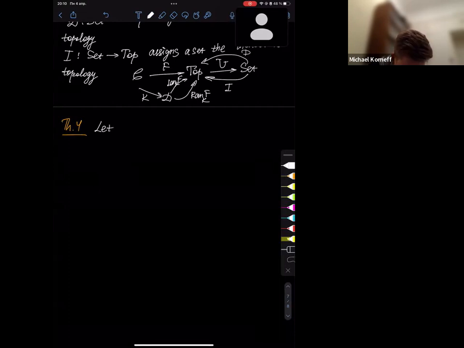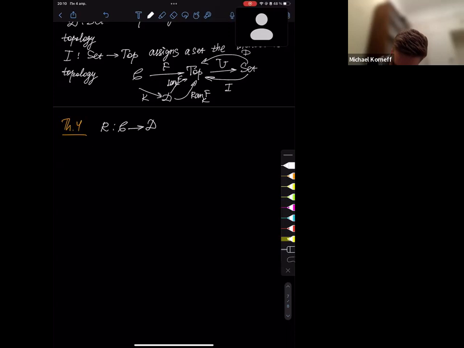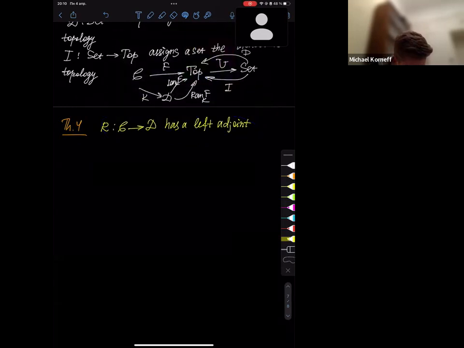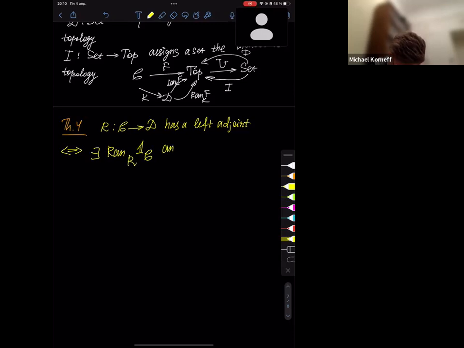Let R be a functor from C to D. It has a left adjoint if and only if there exists a right Kan extension of the identity functor of the category C along the functor R, and R preserves this right Kan extension.